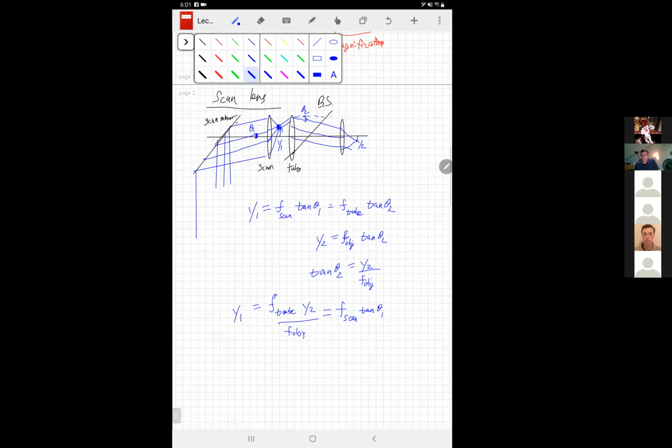So again, we're going through several conversions here. We decide what angle we're going to send the light at. And that angle is controlled by tilting this mirror. And tilting this mirror is really easy. There are materials called piezoelectrics. Can anyone tell me what a piezoelectric material is? Has anybody heard of piezos?